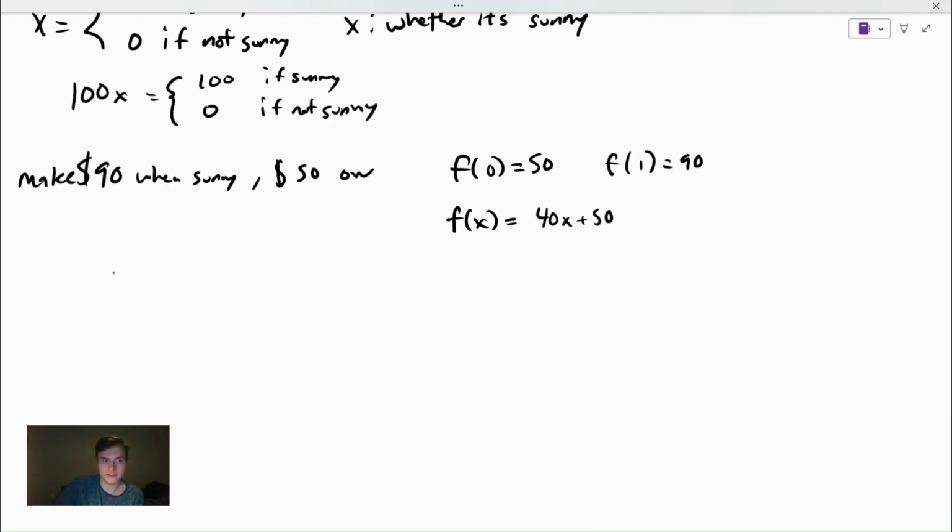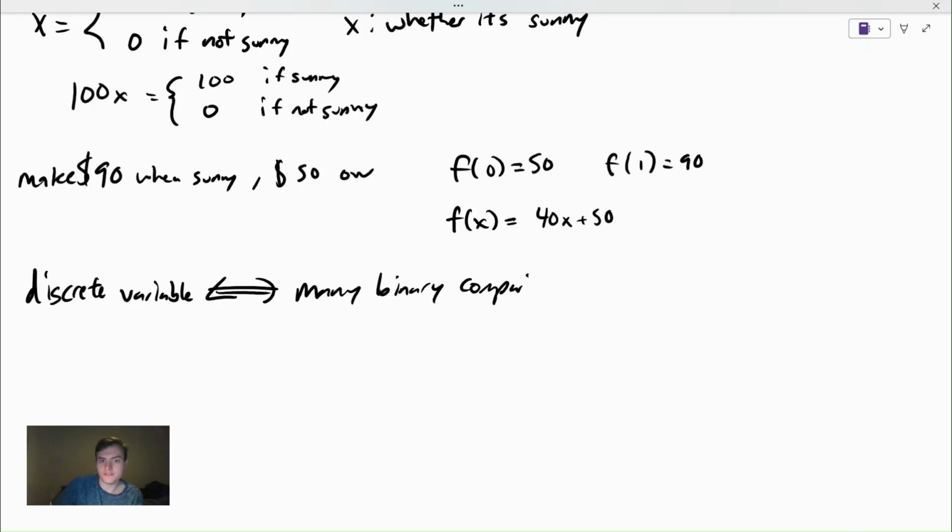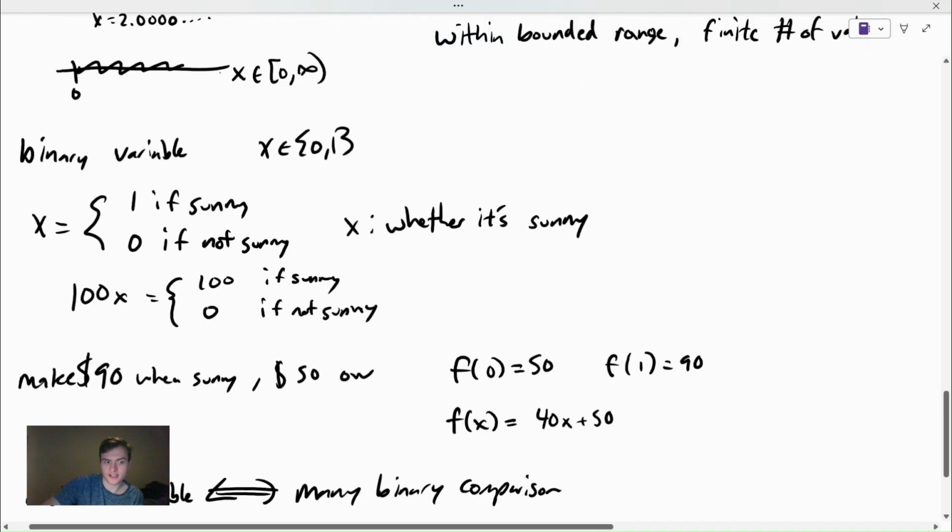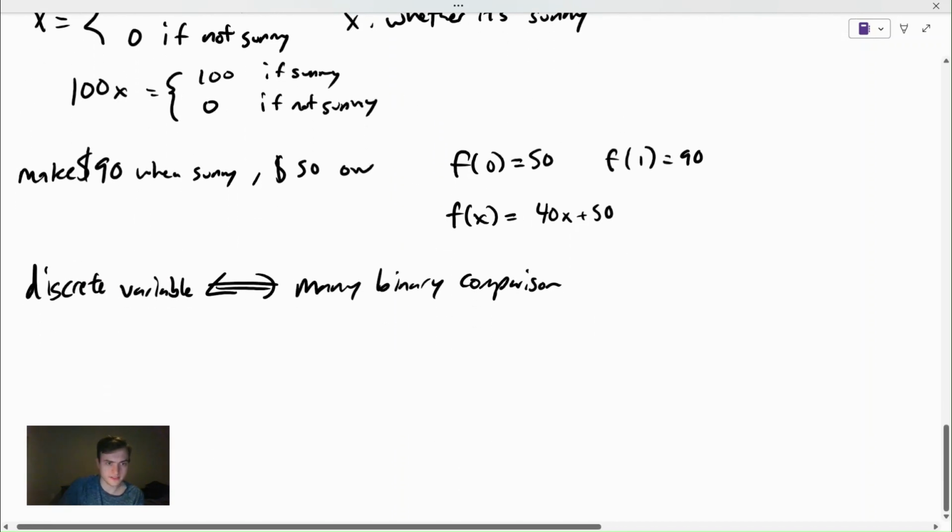An important thing to note is that a discrete variable is equivalent to multiple binary variables. If we compare each pair of values separately, then it's a binary variable. And if we have enough binary variables, then it covers the entire discrete set. So let's look at an example.